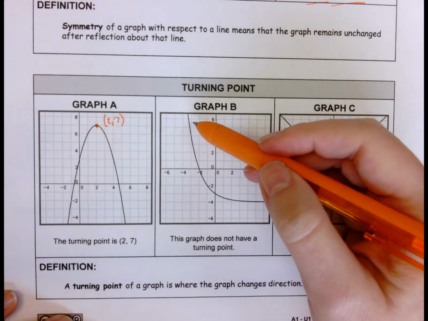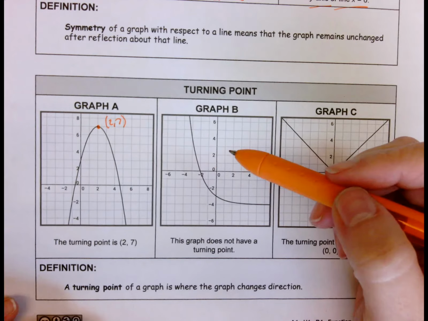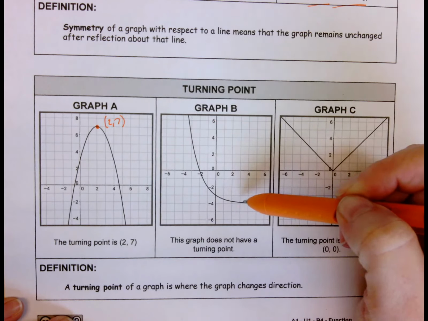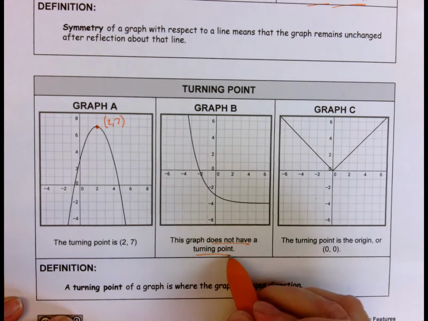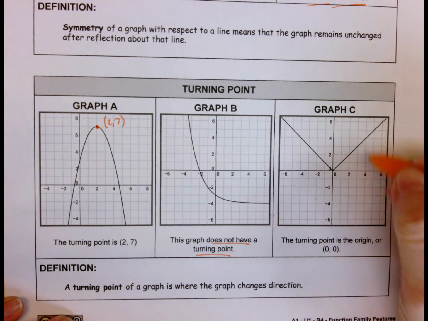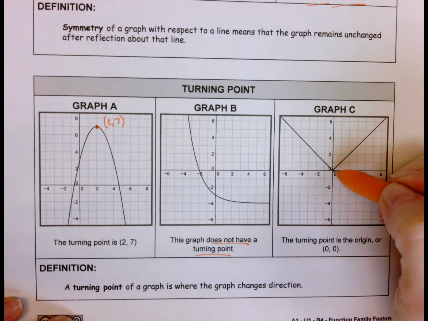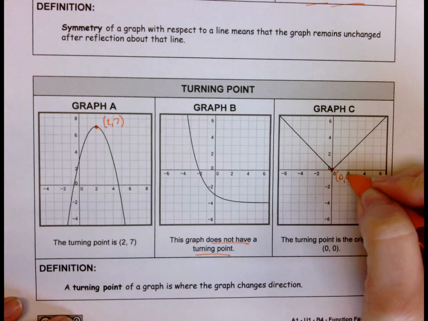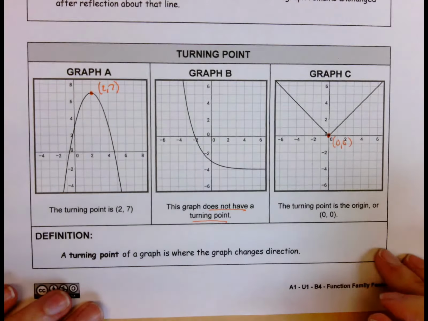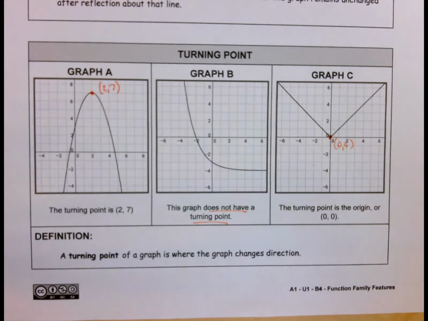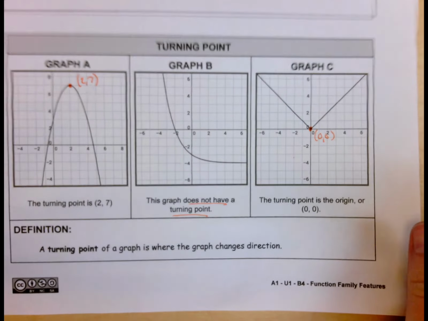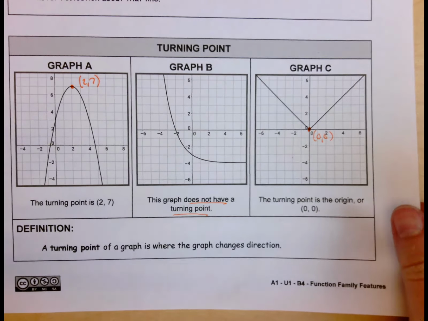Here, the graph is moving, it looks like there's a turning point, but you're actually moving in a negative direction the entire time. So does not have a turning point on this one. And then here we're moving in a negative direction, and then turning point, and we start moving positive. So the turning point here is at 0, 0. Okay, so that is turning point. So all of that is the vocabulary that we're going to be using to sort those graphs again.